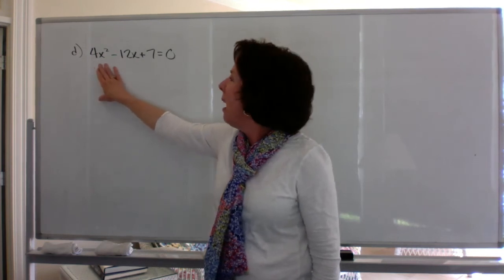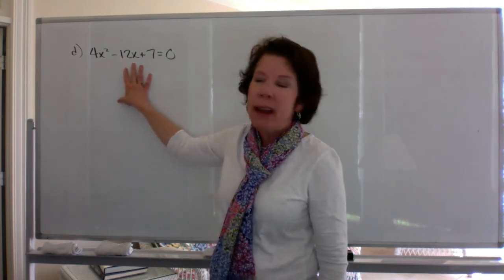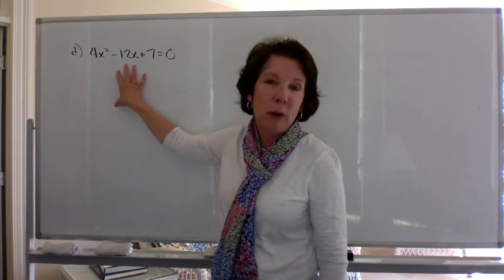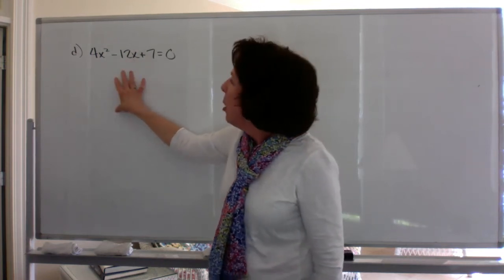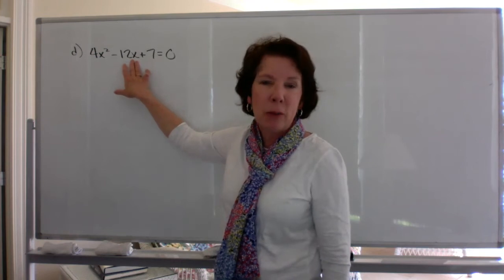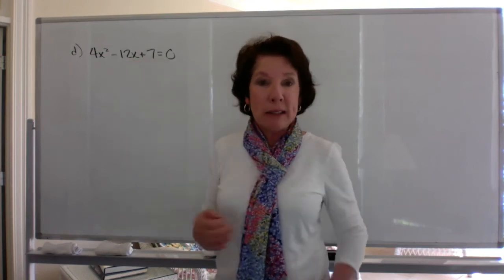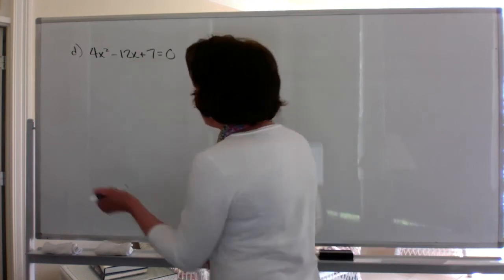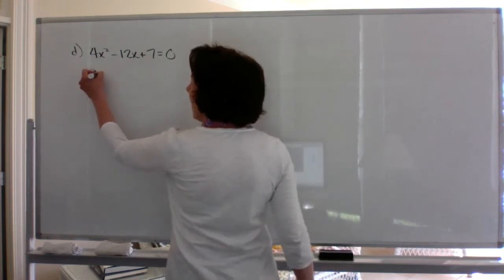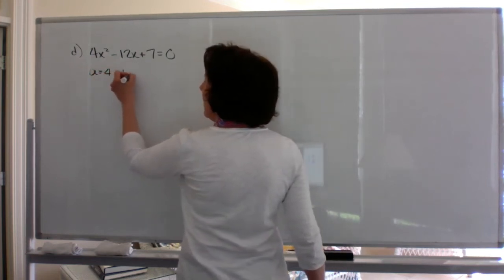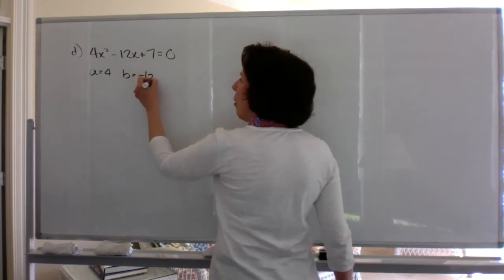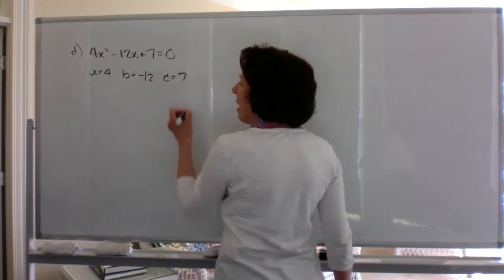So, I can tell you this is not going to factor, and we can't get the square root of both sides because we have this x term here. All right, now, so we're going to use our friend, the quadratic formula. So let's go ahead and define our values. A is 4, B is, careful, negative 12, and C is 7.